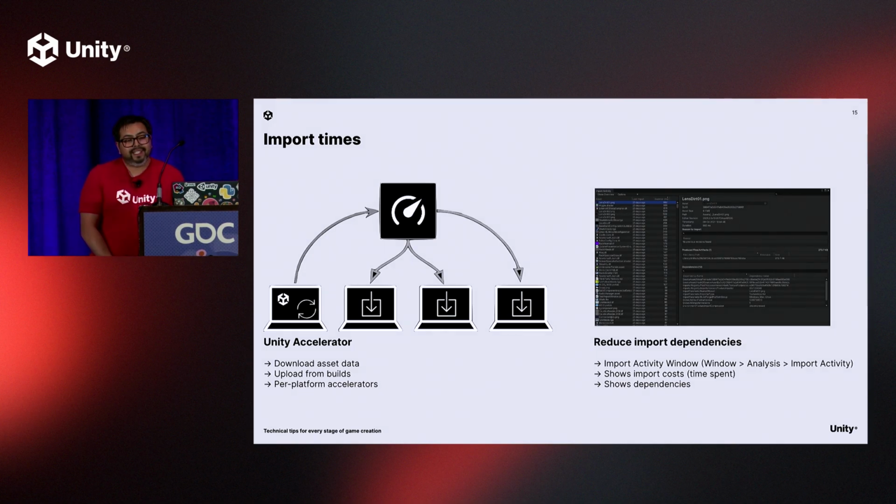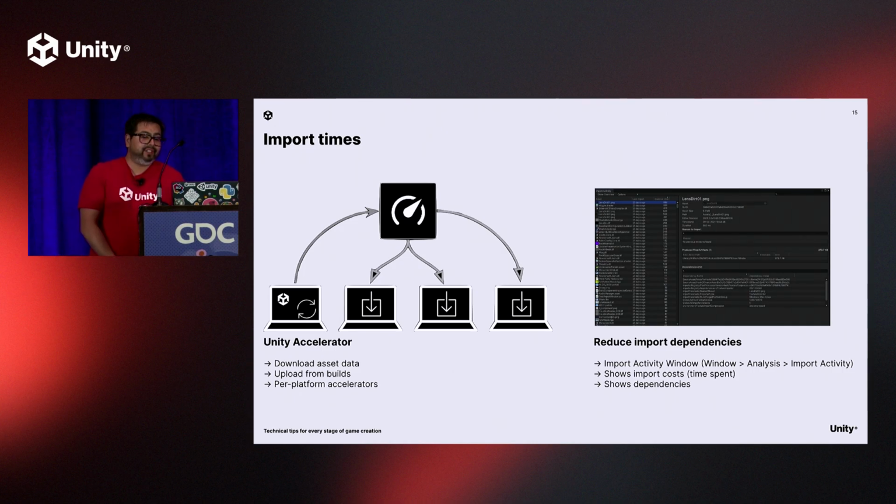The Unity Accelerator will store and deliver asset data to your project over a network connection, helping reduce the time your Unity instance takes to generate asset data locally. We generally recommend setting up an accelerator instance for each of your target platforms, or ensuring that your accelerator has enough space allocated to it to cover all of your target platforms.